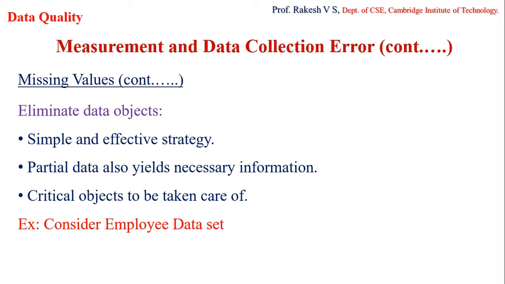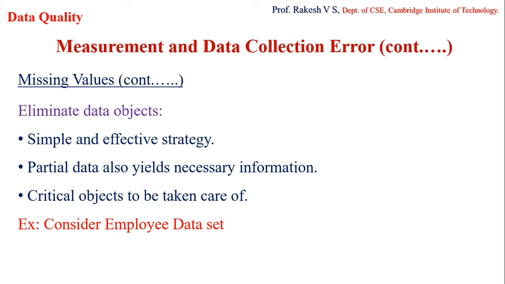Also, if many objects have missing values, then a reliable analysis can't be performed. In such cases, we may just omit those objects. So if I have more values being missed, in such cases we can straight away omit that particular attribute of the object. But in such cases, we must also be careful that these objects will not affect the analysis purpose.